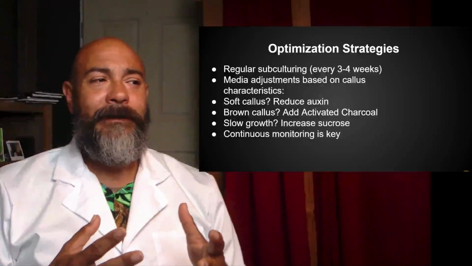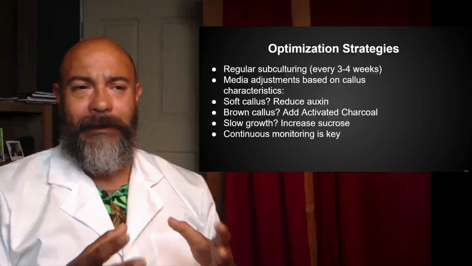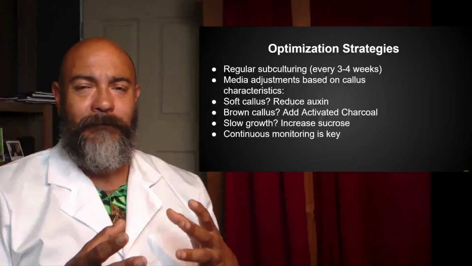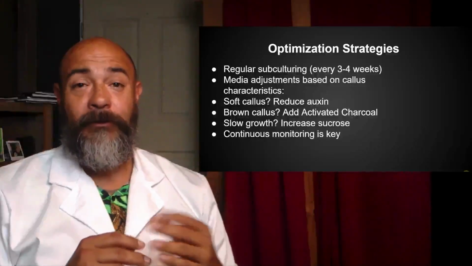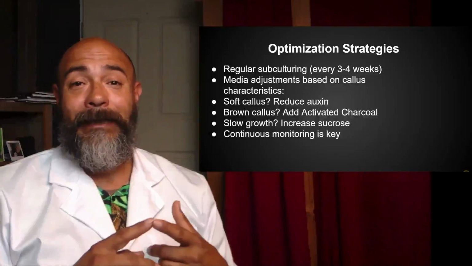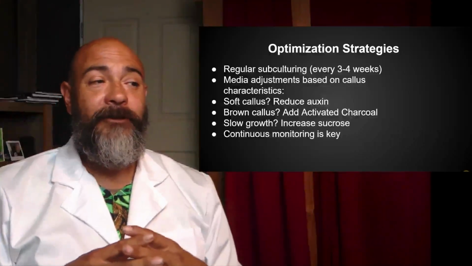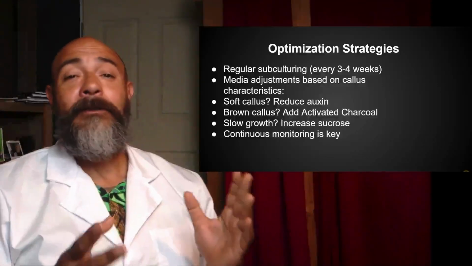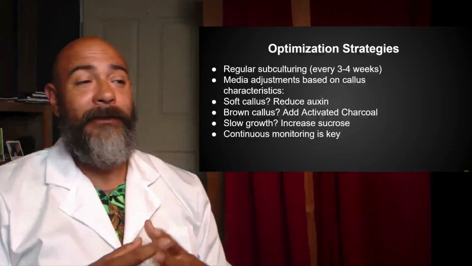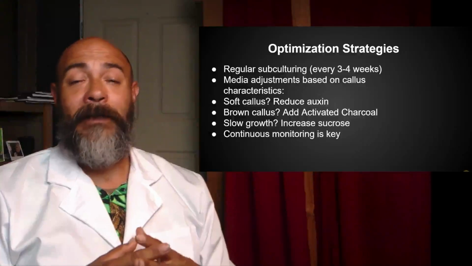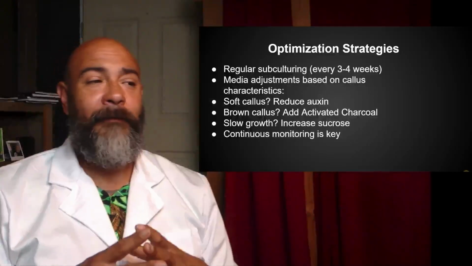If you notice that the callus material is too soft and it's just falling apart and you don't like the way that it's working, you can reduce the auxin level a little bit, which would be either your NAA or your 2,4-D. If the tissue is turning brown, you can always add the activated charcoal, as we've discussed before, and that does absorb some of the phenolic compounds and reduces the amount of browning of the media.